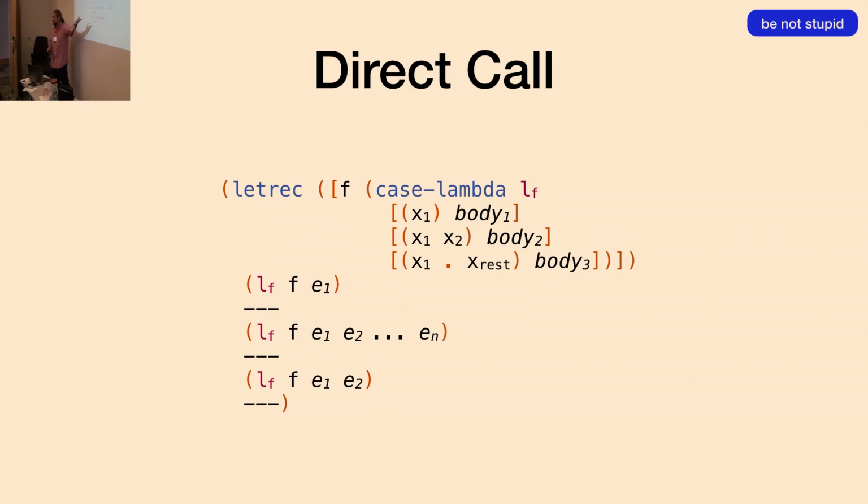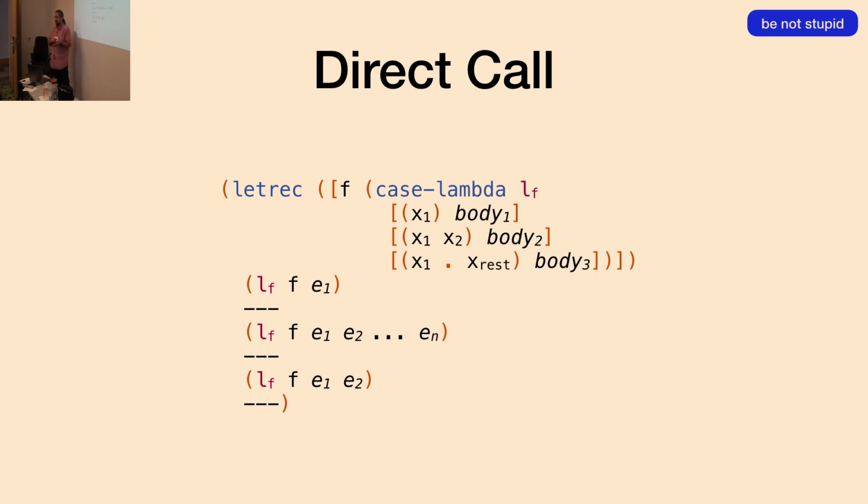It wouldn't know which one to jump into. It's actually a little dispatch that looks at what the argument count is, and then based on the argument count, decides which of the bodies it needs to execute. In addition, for things that have rest arguments, it actually needs to take the arguments that were passed out of the argument passing registers and stack frame locations, allocate a list to put them in, and put them in that list.